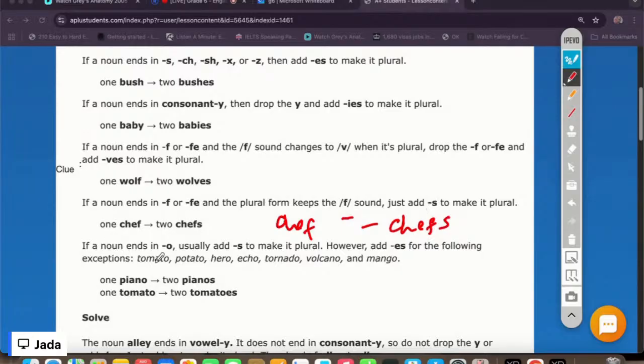So if a noun ends in o, usually add s to make it plural. However, add es in this specific exception. Okay, for example, we have tomato. For tomato, we add es, not only s.